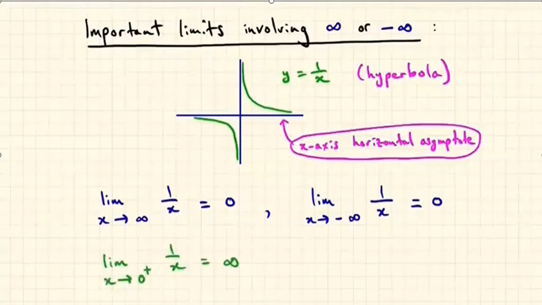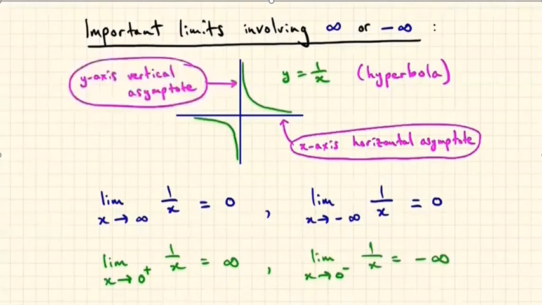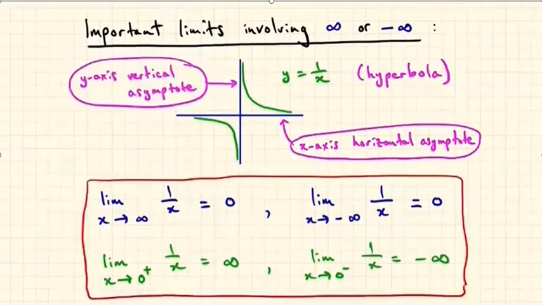By contrast, if x approaches 0 from above, 1 over x gets arbitrarily large and positive. Or if x approaches 0 from below, 1 over x gets arbitrarily large and negative, captured by these two statements in limit notation. And the y-axis becomes the vertical asymptote.